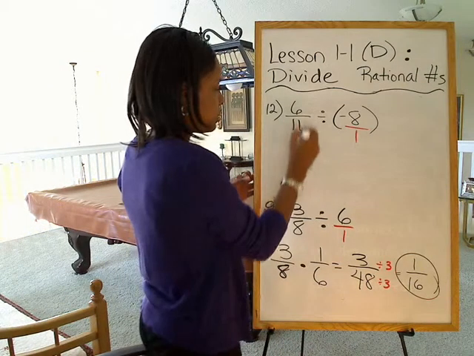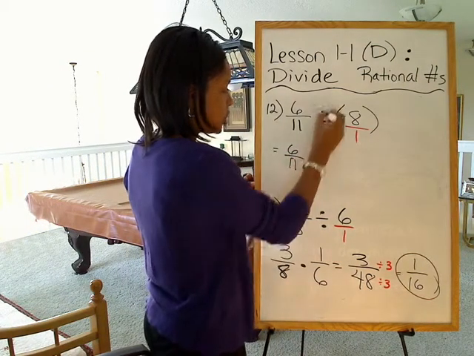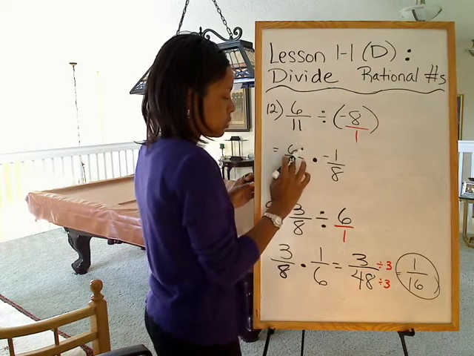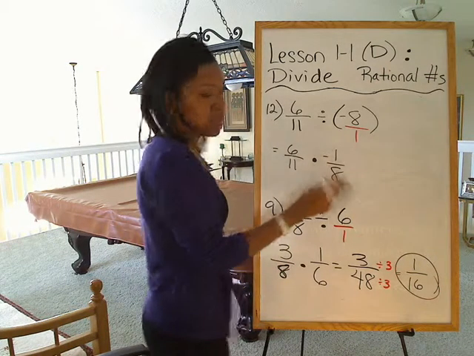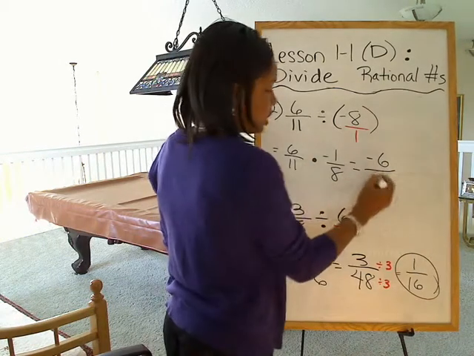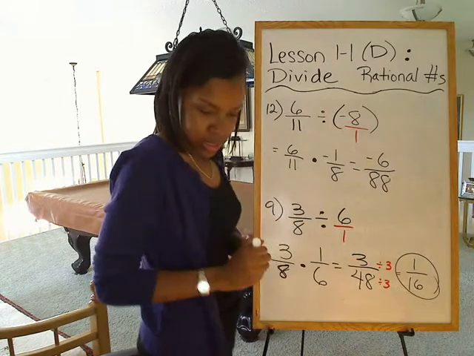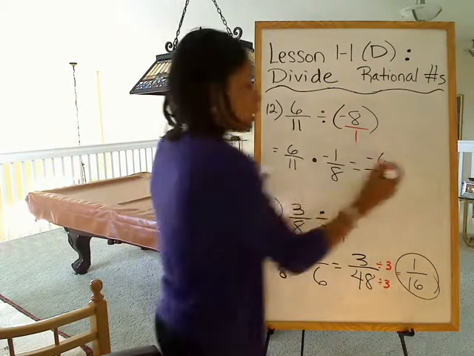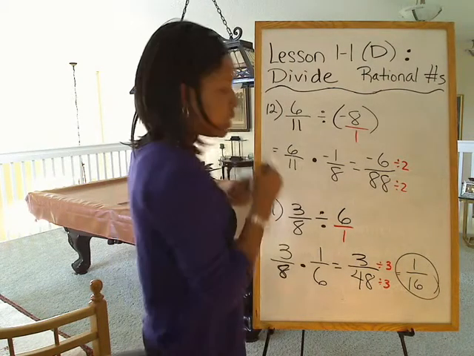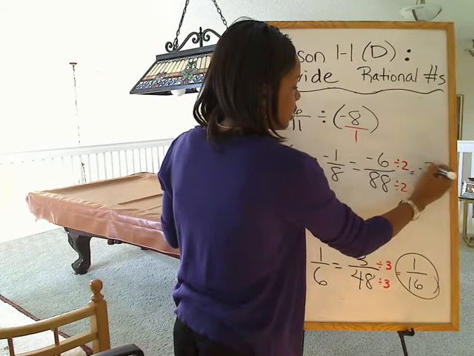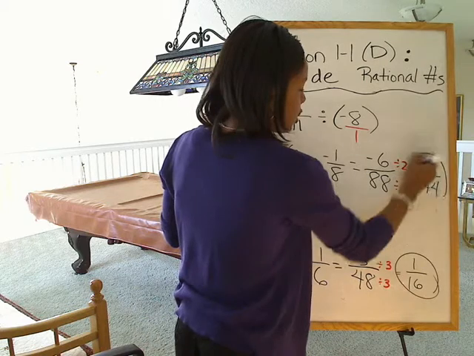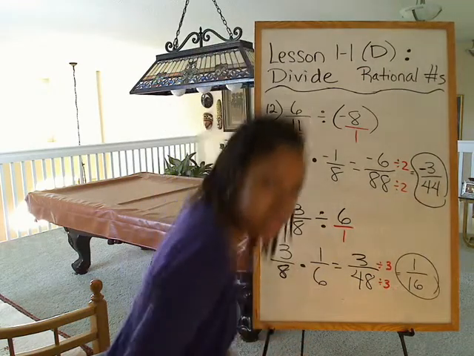Now let's rewrite it. Keep it, change it to multiplication, flip it to -1/8. Keep it, change it, flip it. So 6 times -1 is -6. 11 times 8 is 88. And I can divide by 2 at least. -6 divided by 2 is -3. 88 divided by 2 is 44. And we are finished. Cannot be simplified anymore, so we're done.